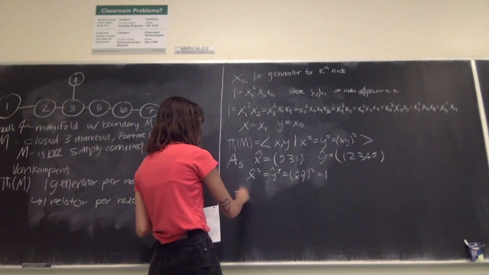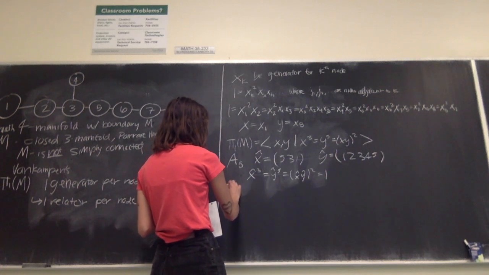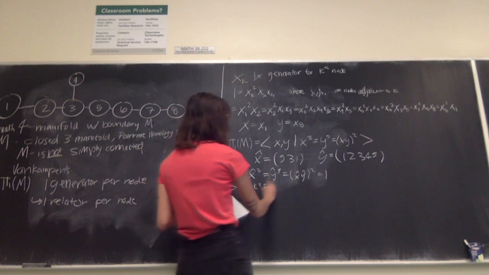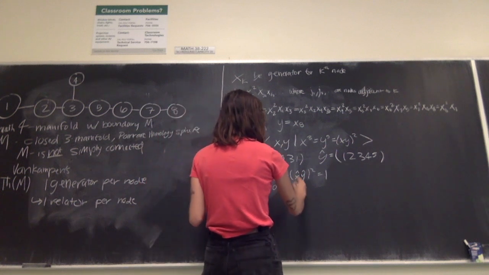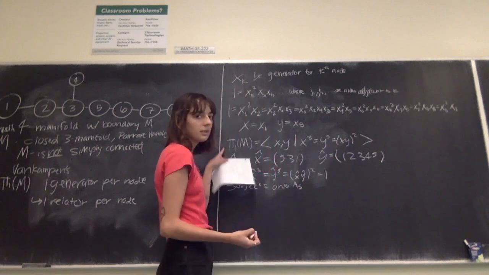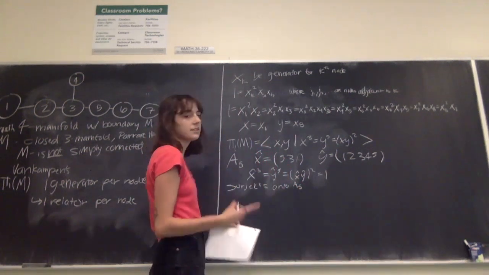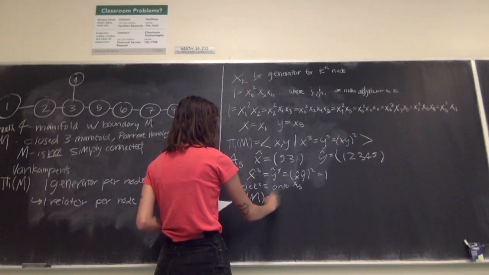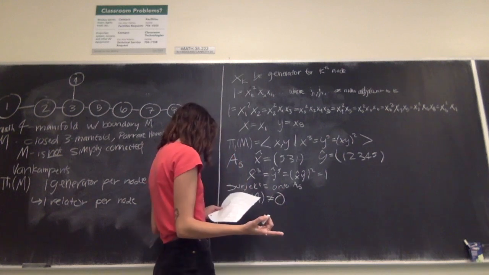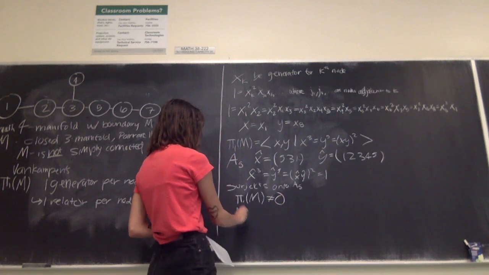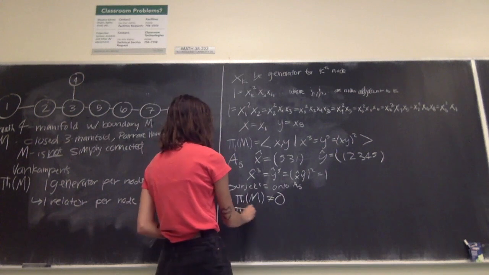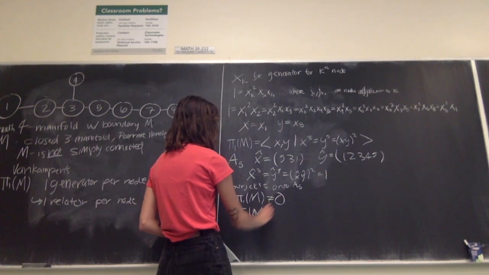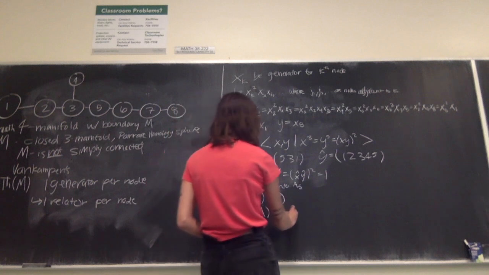Because of this, we can find a homomorphism that surjects onto A5. Since it can surject onto A5, that tells us that our fundamental group is not trivial. In particular, with more calculations, we can figure out that our fundamental group is equal to the binary icosahedral group.